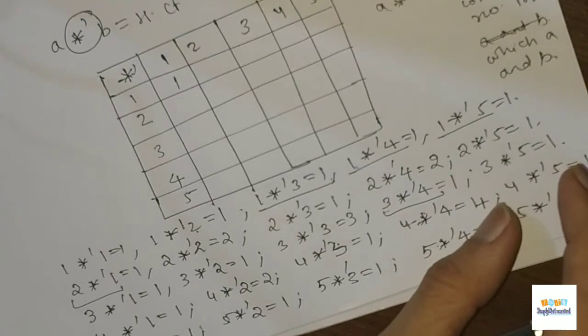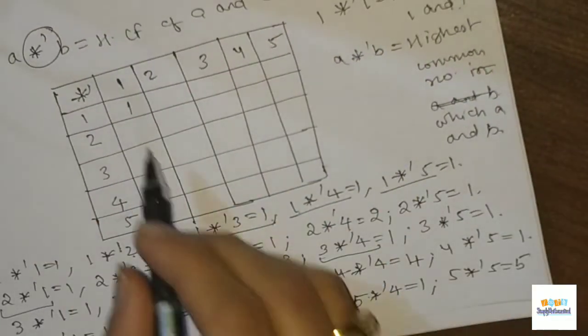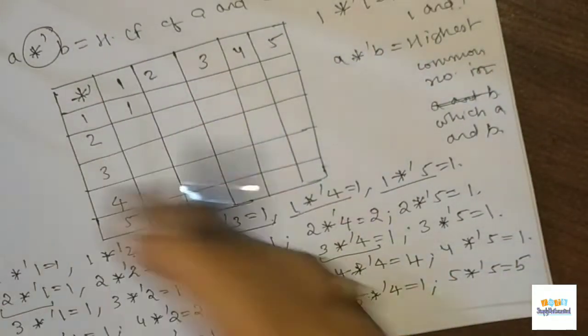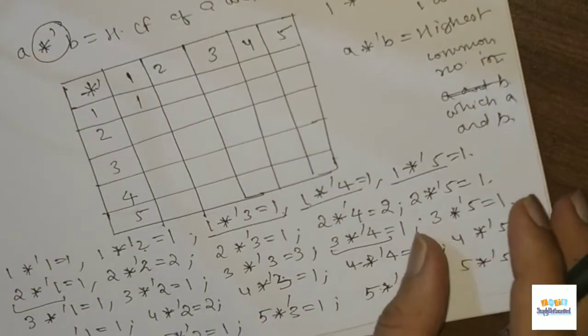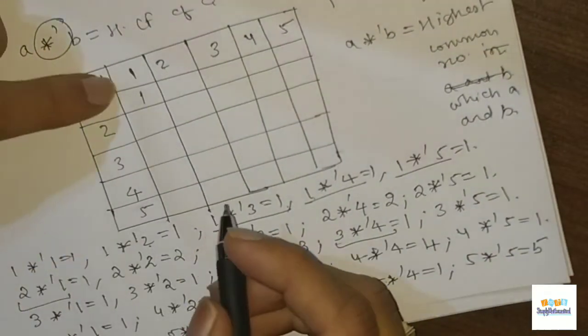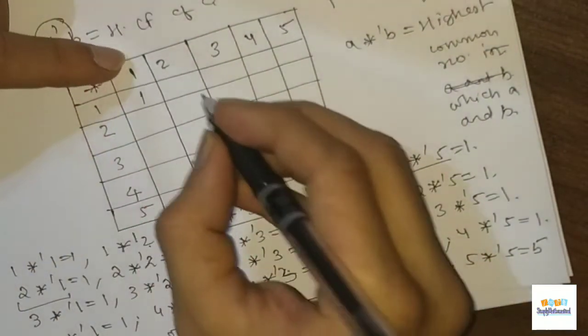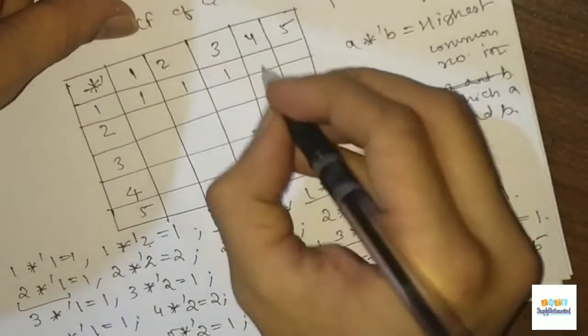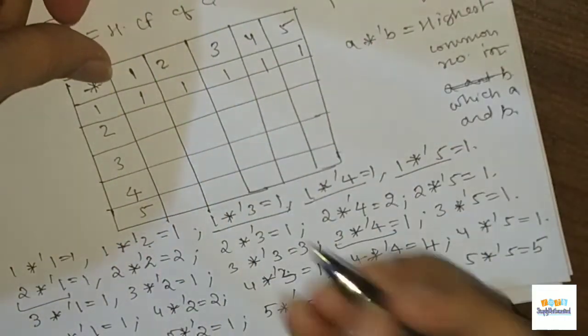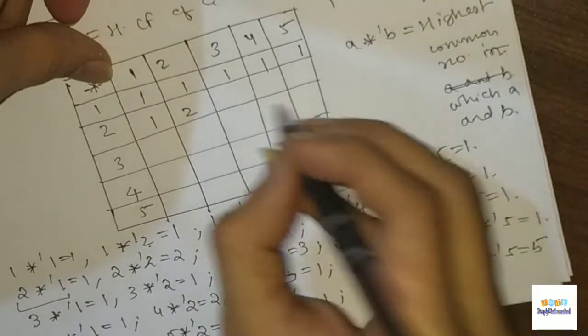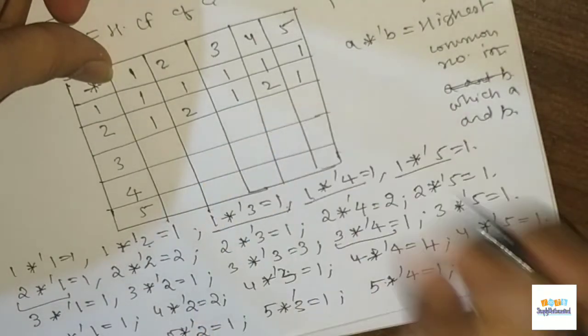We will use this to write down the values of the operation for each pair. So 1 star prime 1 is 1, 1 star prime 2 is 1, then 1 1 1. We already calculated 1 2 1 2 1.